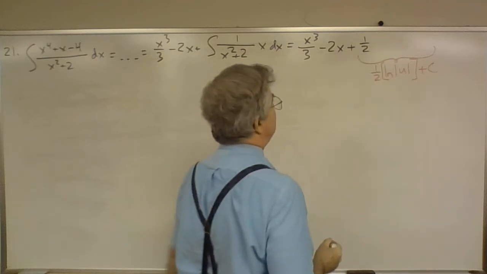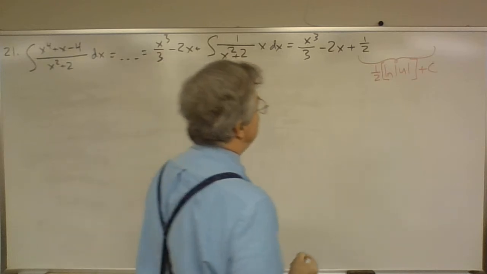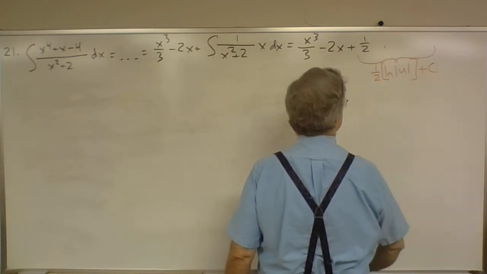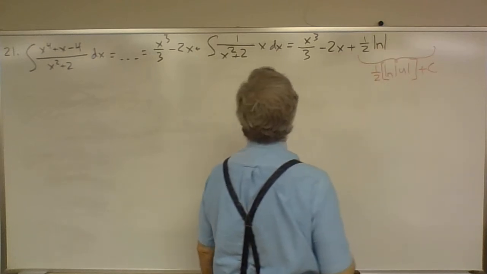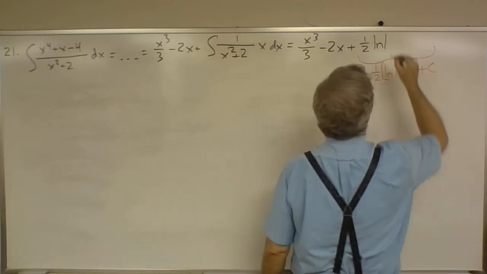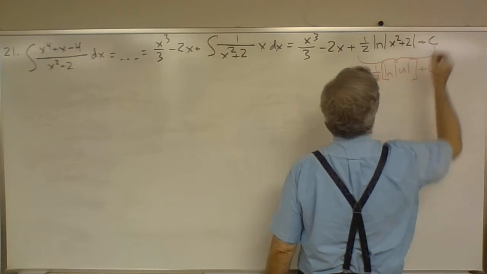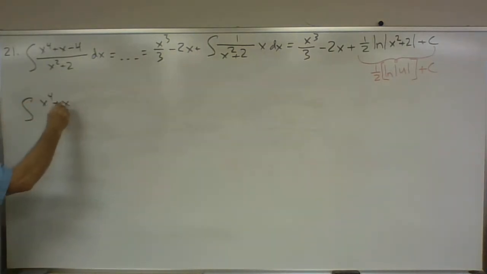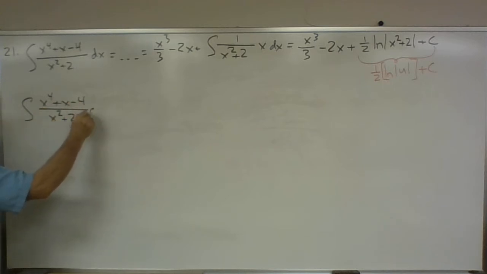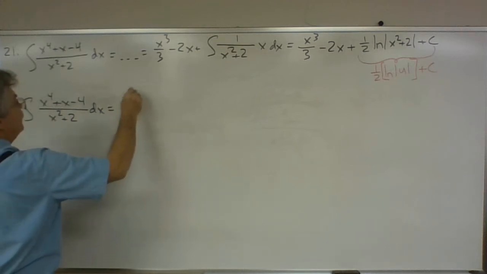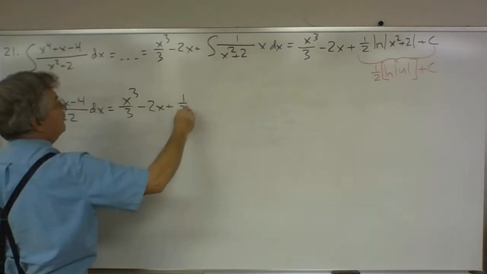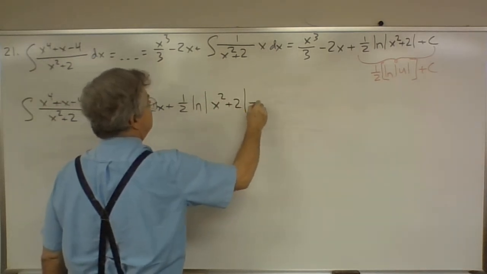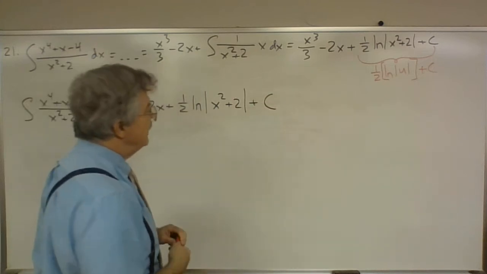So I'll have 1/2 natural logarithm of the absolute value of u, and u was x squared plus 2, plus c. There's my answer.